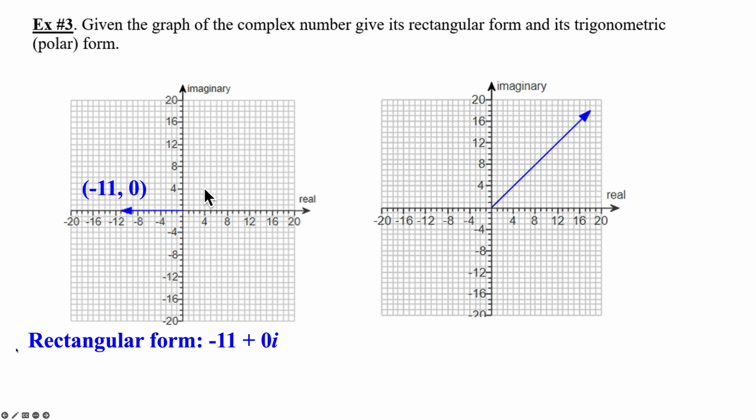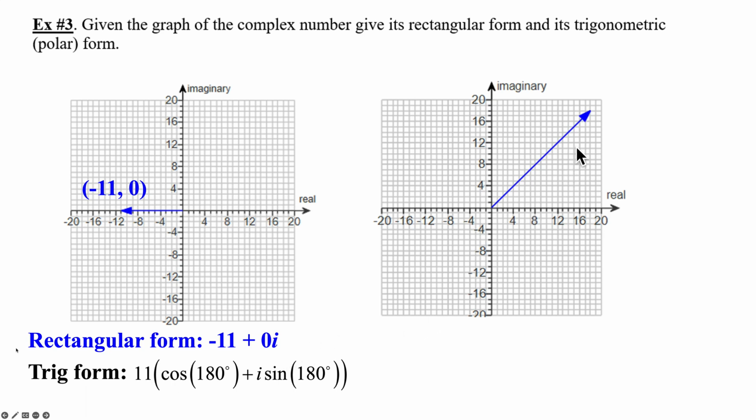And I have my vector direction angle at 180 degrees. Okay, so trig form, 11, not a negative 11, a positive 11, cosine 180 degrees plus i sine 180 degrees. In trig form, this r is always positive. Remember, we did the magnitude, the square root of x squared plus y squared. Everything becomes positive.